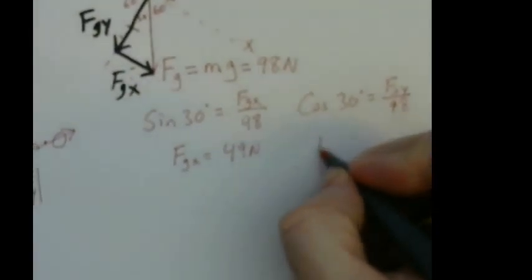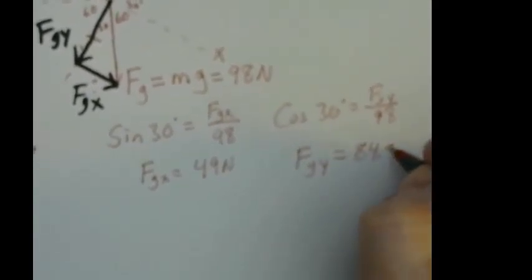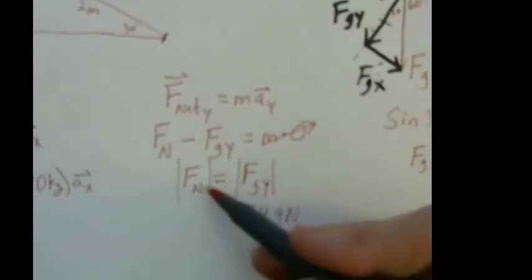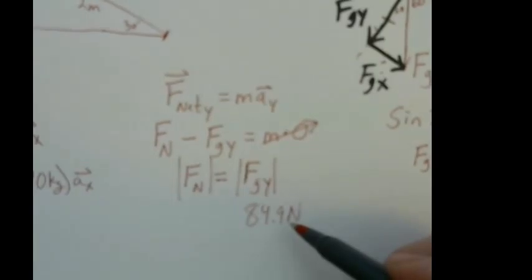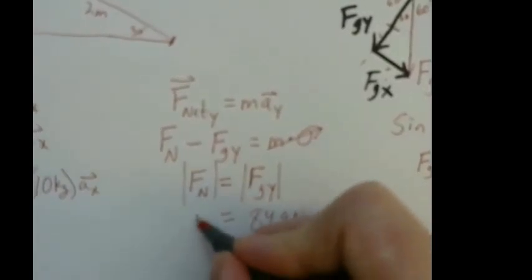So we have Fgy equal to 84.9 newtons. Fill that in. Newtons. So the normal force, F sub n, is 84.9 newtons as well. Fill that in over here.